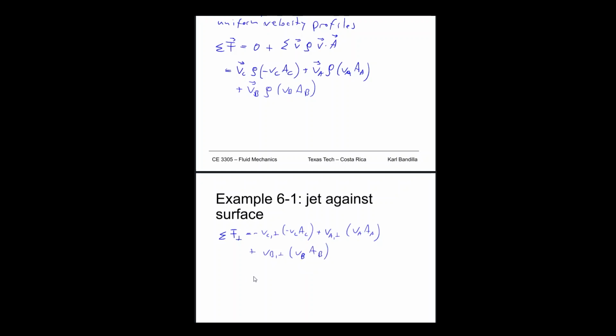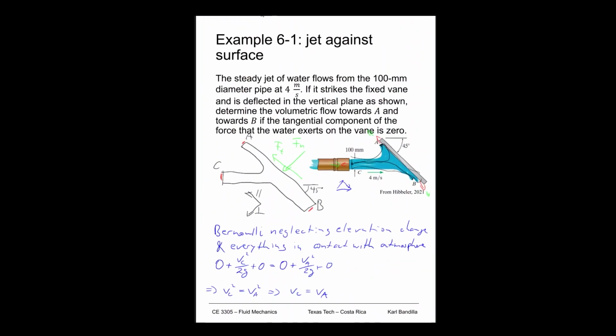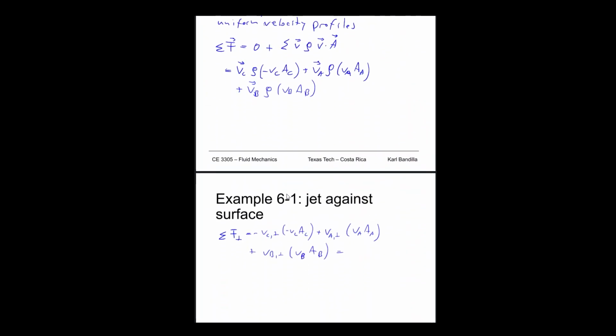So what does that equal to? If we look at our free body diagram here, the only force acting in the perpendicular direction is Fn, and it's pointing in the same direction as our coordinate system. So it'll be equal to Fn, which is the value that we want to find.